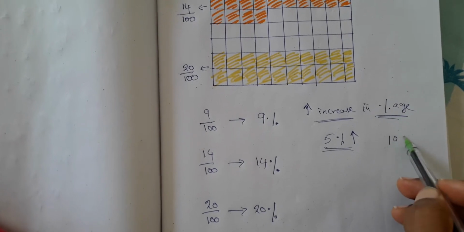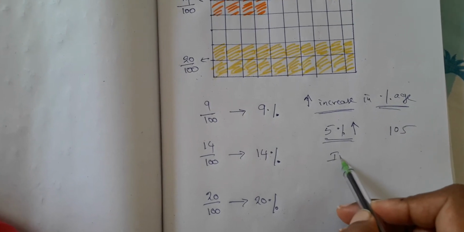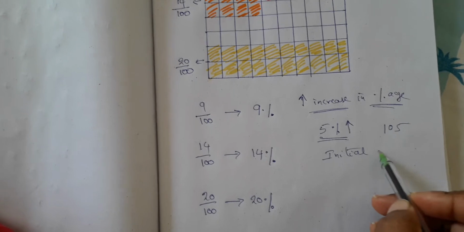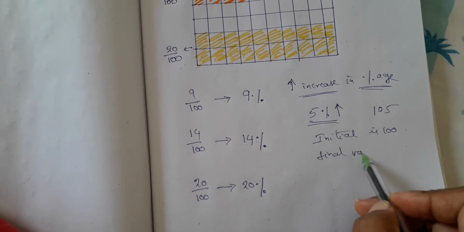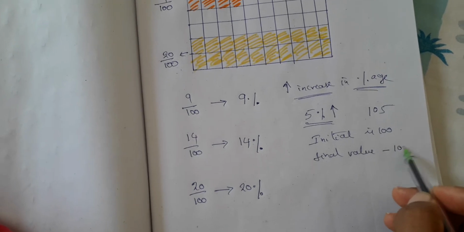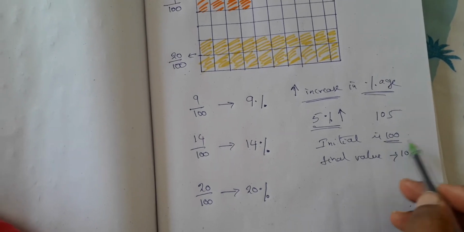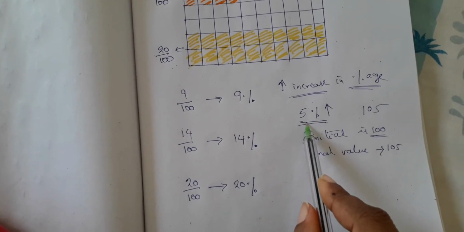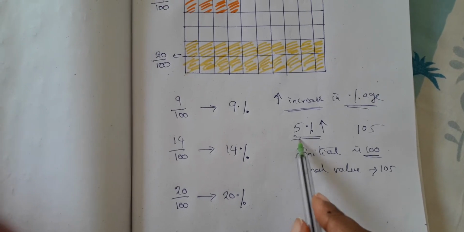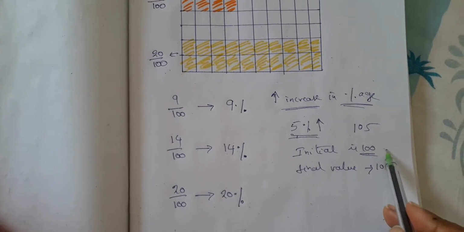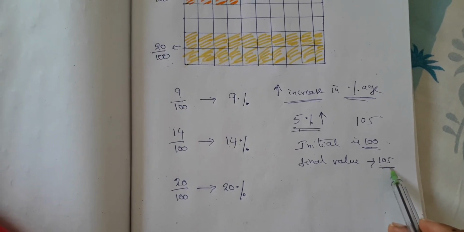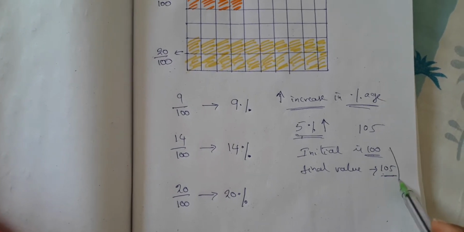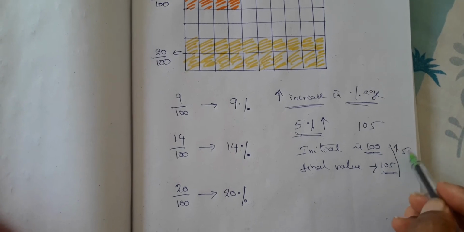If the initial is 100, the final value will be 105. For every 100, 5 is increased, that means you are going to add 5 to 100. So 105 is the final value. The increase is only 5.